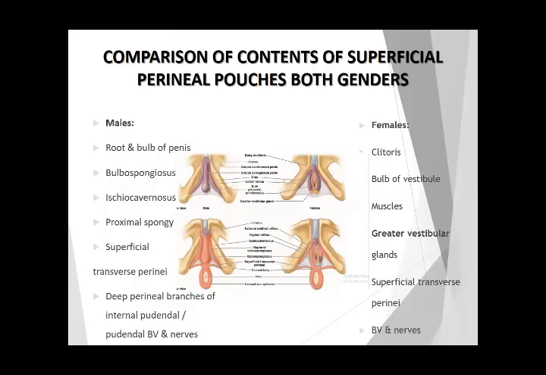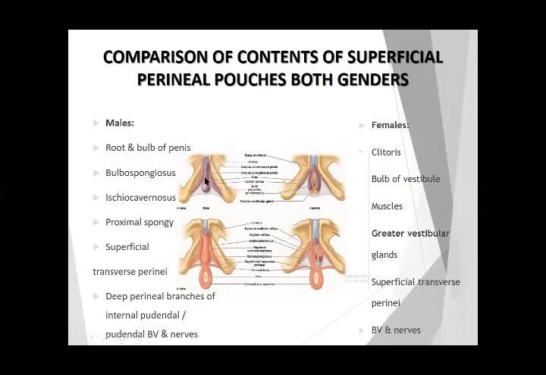Now let's compare the contents of the two pouches in the two genders. There is a slight difference. External genitalia are obviously different, except that here you will have the clitoris and here the bulb of the penis.